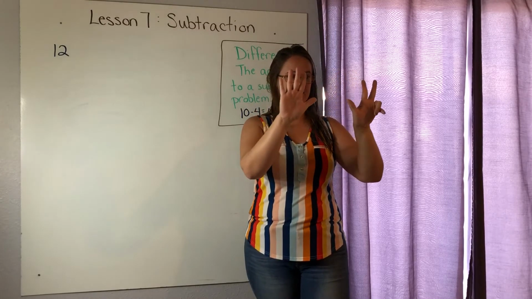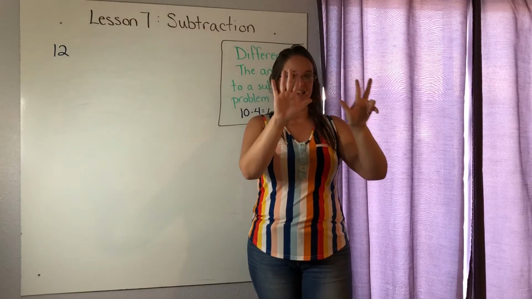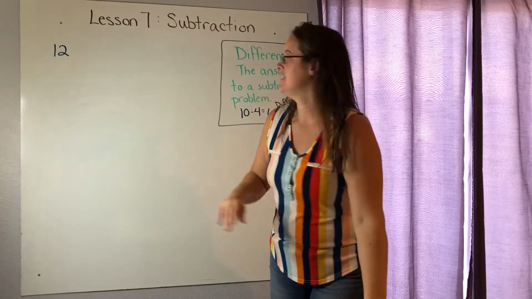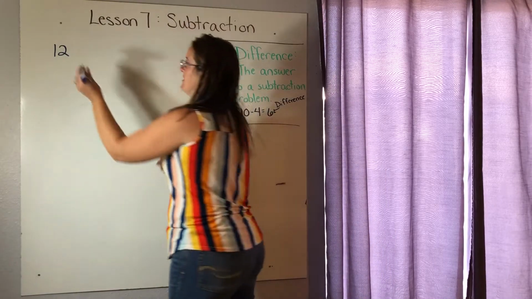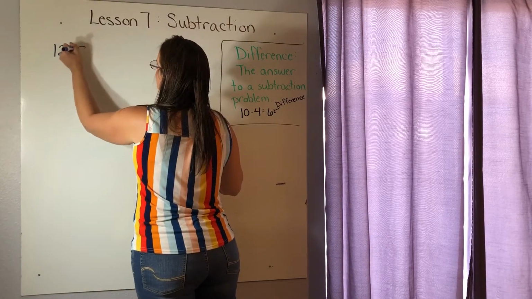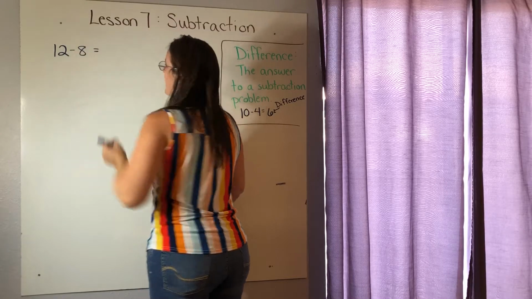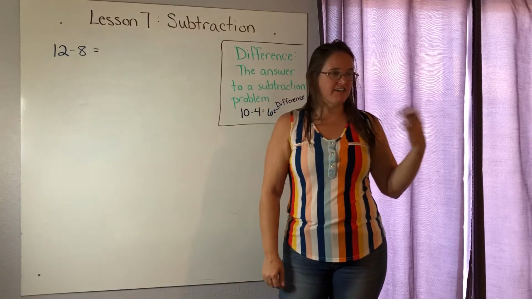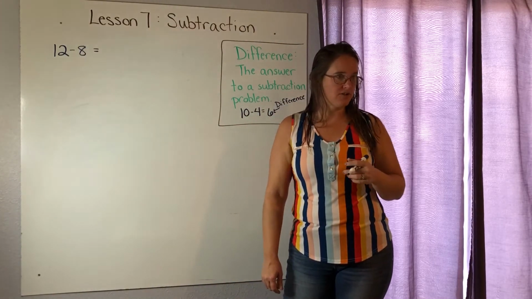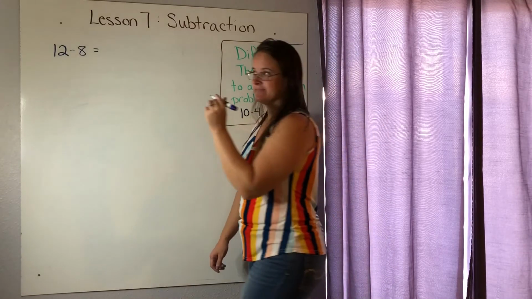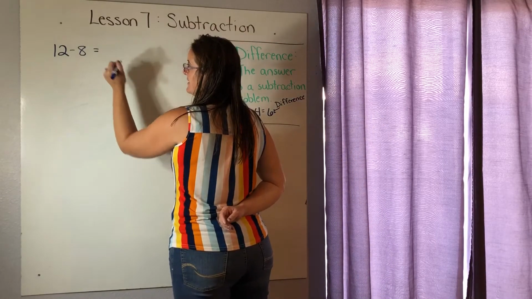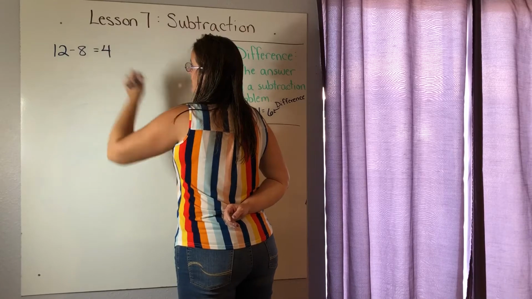So what month is August? The 8th. It's the 8th month. So I started with 12 months. I'm taking away the first 8 months. And then how many months are left after August? Well, what's 12 minus 8? 12 minus 8 is 4.